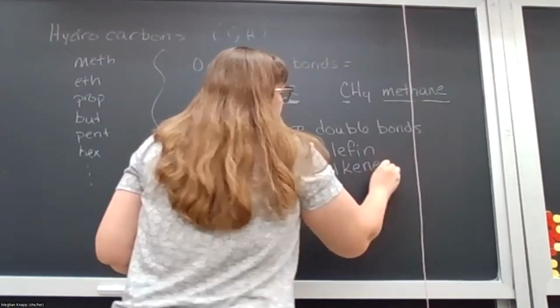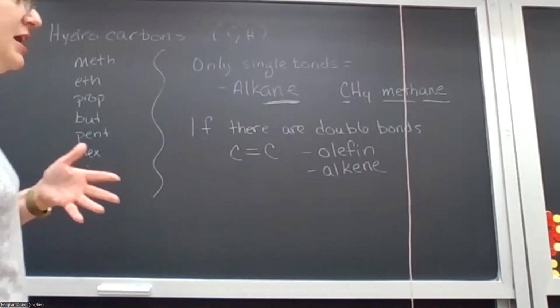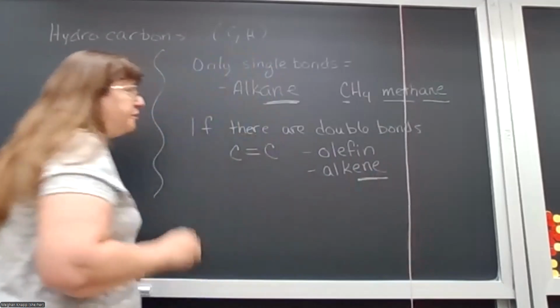Now, for some reason, your book really likes the term olefin, and it shows up in a couple of different chapters, which is why I have you do that as a vocabulary word. But for naming purposes, the ene is important.